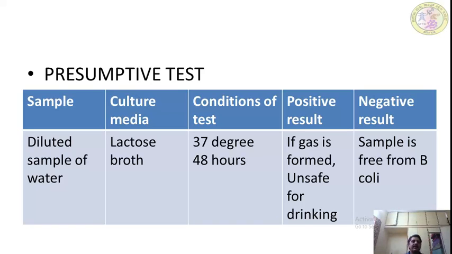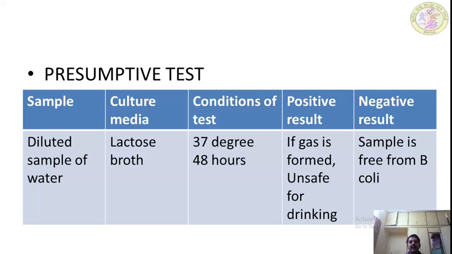We know that E. coli bacteria ferment the lactose broth into acids and gases. If bacteria are present, the lactose broth is converted into acid and gas. If no bacteria are present, no gas is formed.